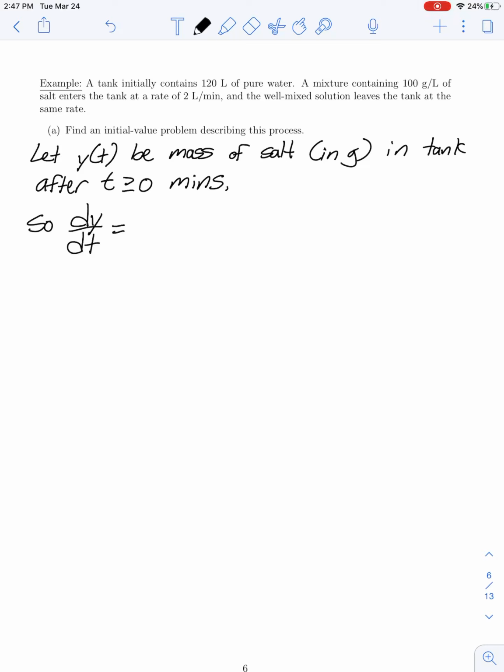We have salt, which is coming into the tank at a given rate, which would be an increase in the value of y. So I'm going to have a positive rate at which salt is coming in. And then we have salt leaving the tank at a given rate, which will be a decrease in the amount of salt in the tank.